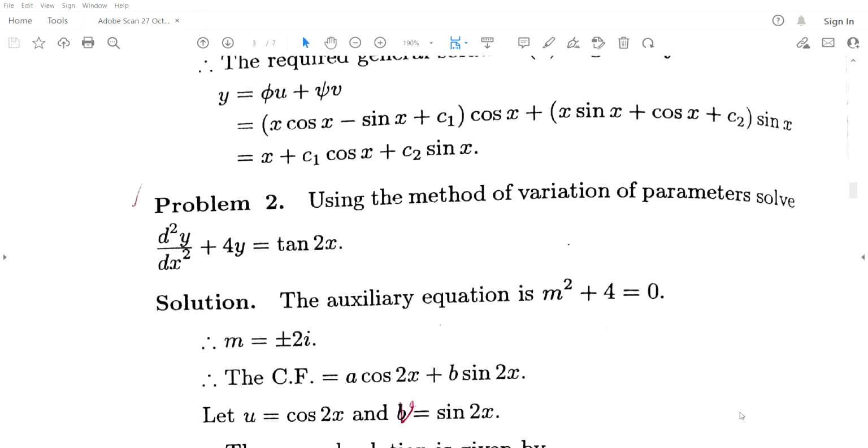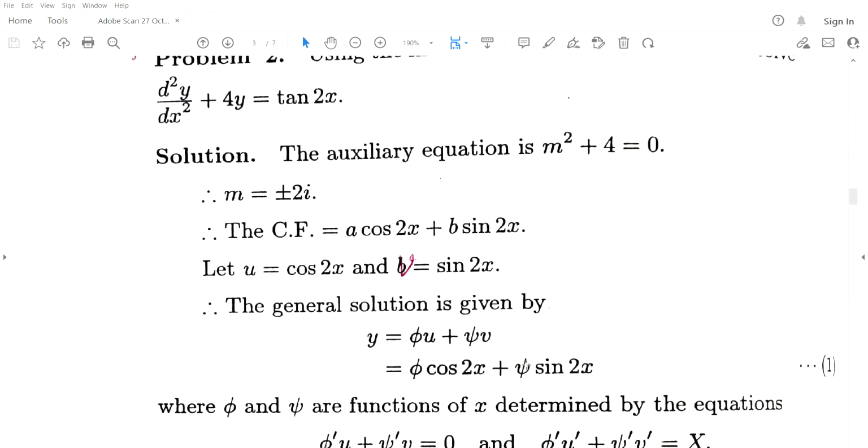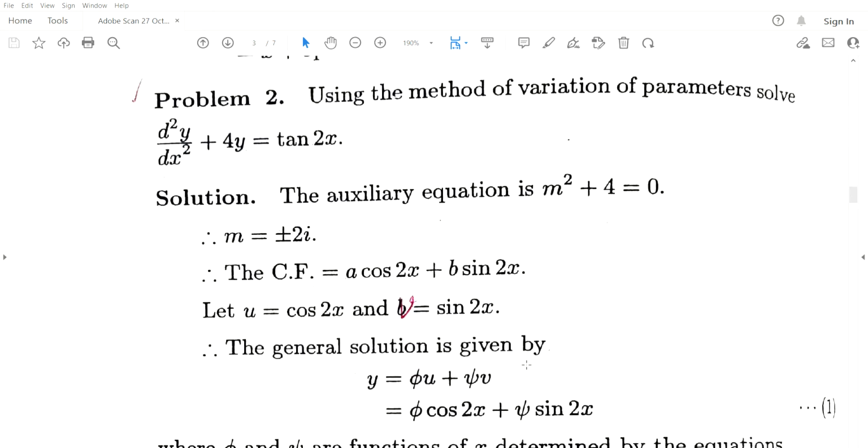Similarly, see problem 2. This is also a second order differential equation. The auxiliary equation is this. We get the complementary function as a cos 2x plus b sin 2x. Therefore u is equal to cos 2x and v is equal to sin 2x.